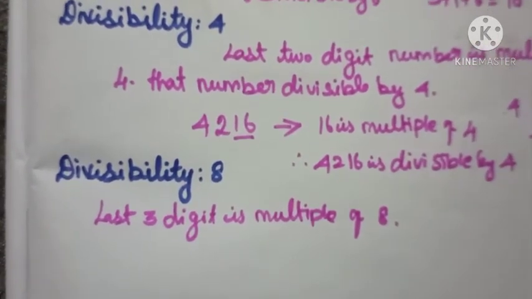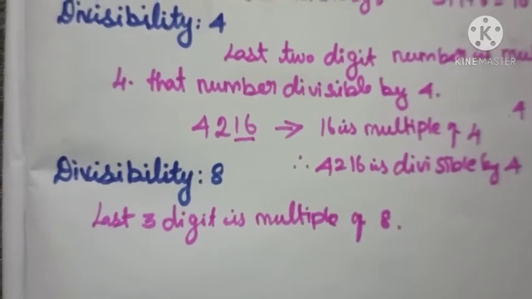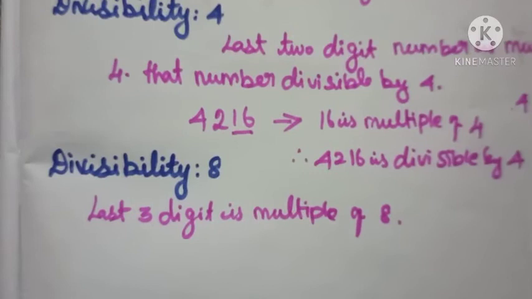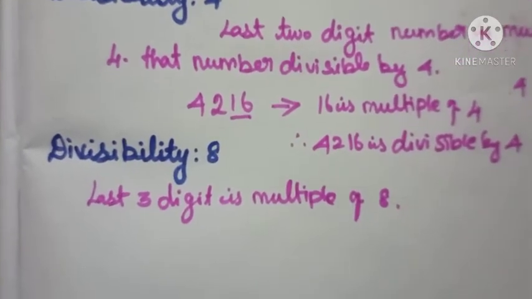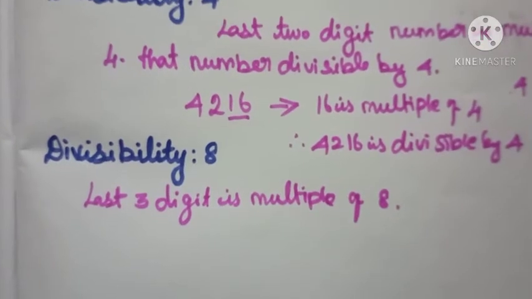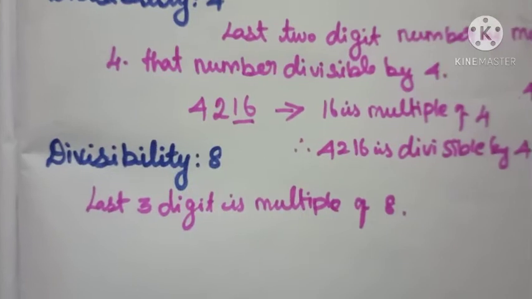As with 6, where satisfying divisibility rules 2 and 3 means it is compulsorily divisible by 6, you must see the last 3-digit number, or otherwise compare divisibility rule 2 and divisibility rule 4. If it satisfies both 2 and 4, it is divisible by 8.